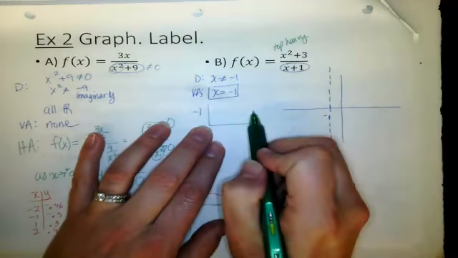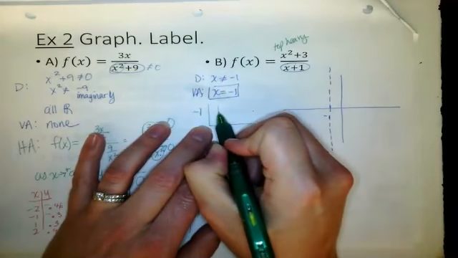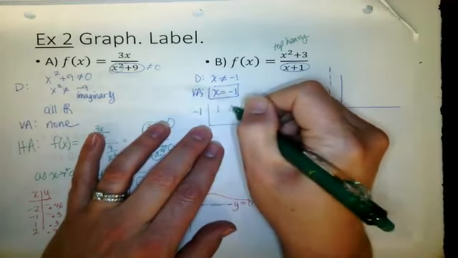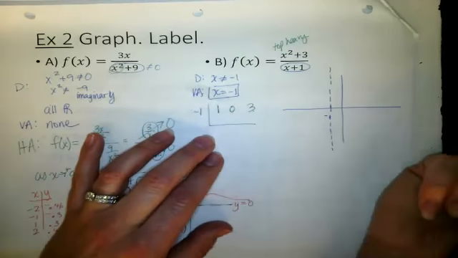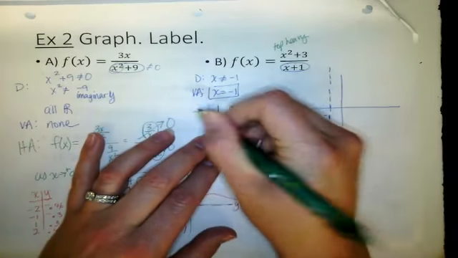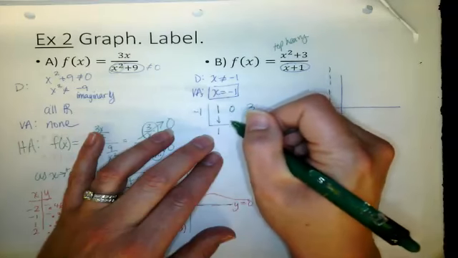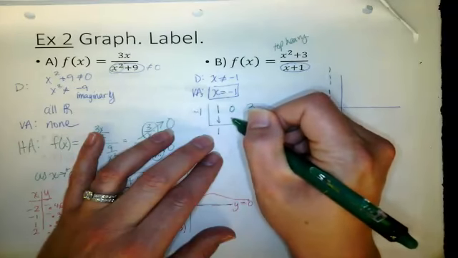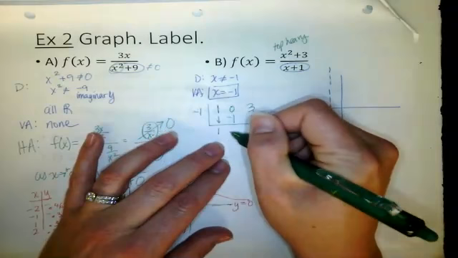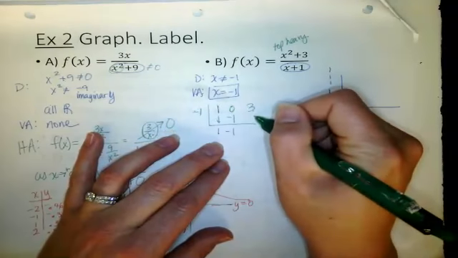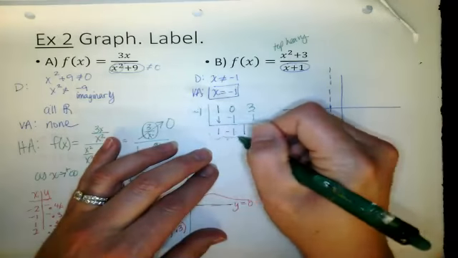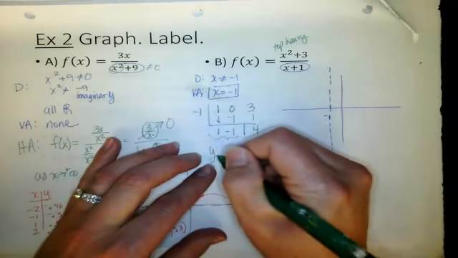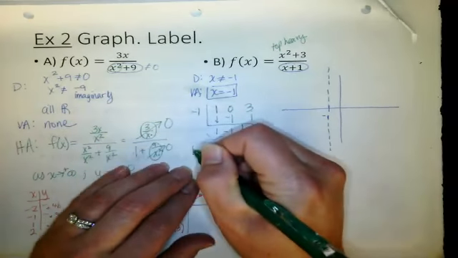And what goes along the top? 1, 0, 3. Good. So I'm going to bring down the 1 and multiply. 1 times -1 is -1. Add, we get multiply. 4 is the remainder. Here is our quotient, and that's where I get the oblique asymptote.